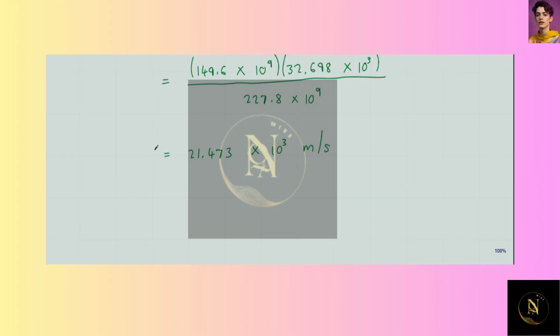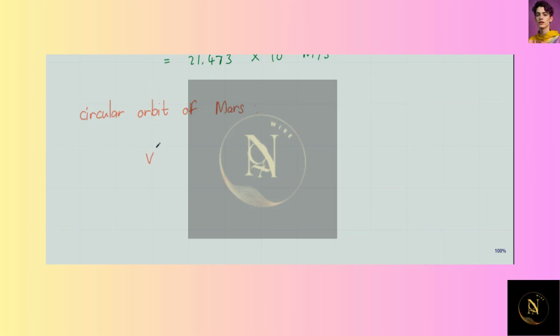Now we'll do a similar thing for the circular orbit of Mars. So this is the orbit of Mars about the Sun. And we assume that this orbit is roughly circular. So VM, the speed of the orbit of Mars about the Sun, is equal to the square root of the GM value of the Sun divided by the radius of Mars' orbit about the Sun.